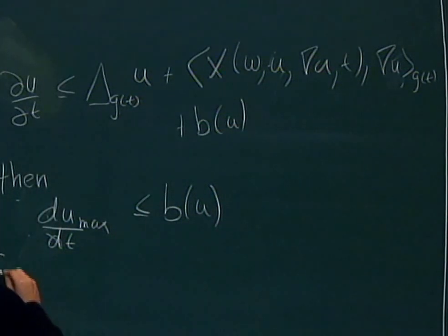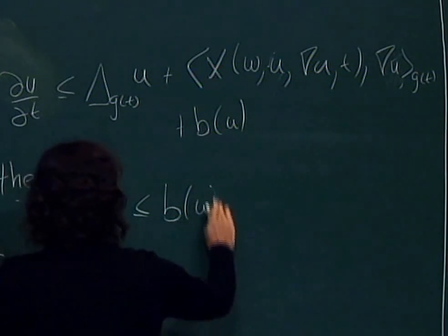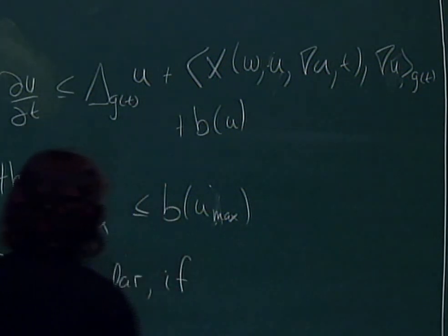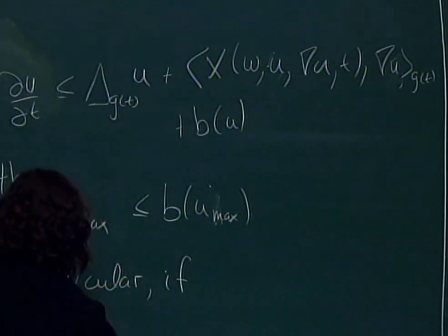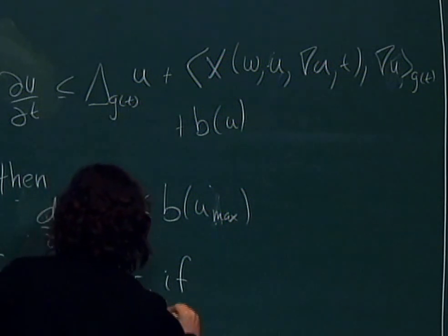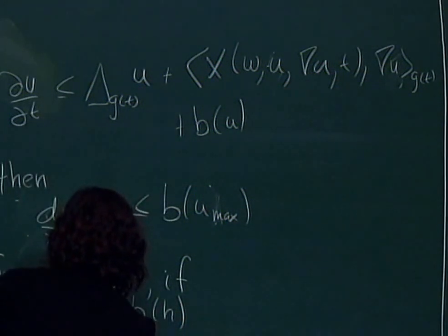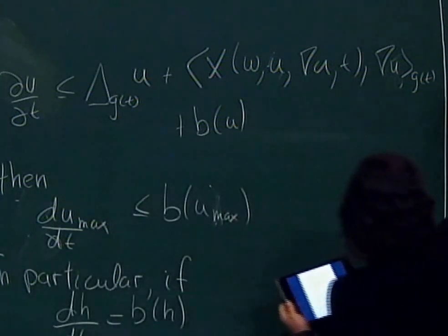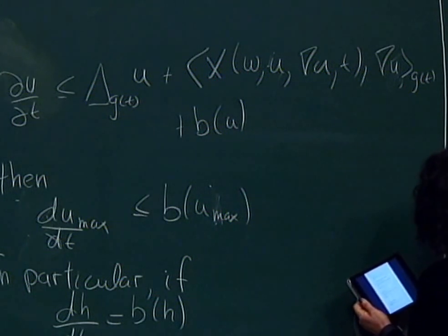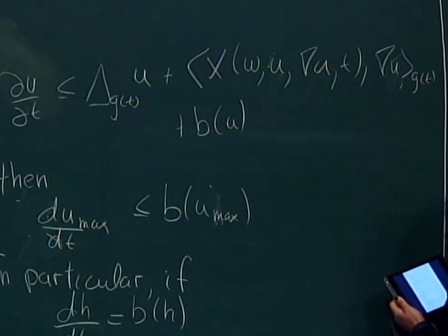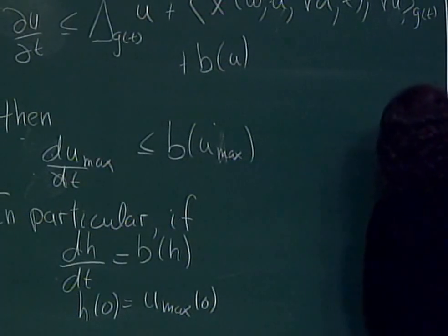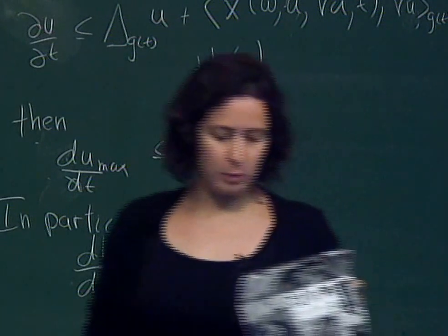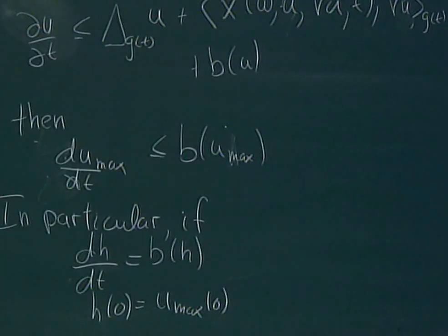And in particular, if the derivative is less than or equal to zero, then the maximum is non-increasing. So this is a very general statement, and actually it's true for any geometric flow that has a smooth metric.